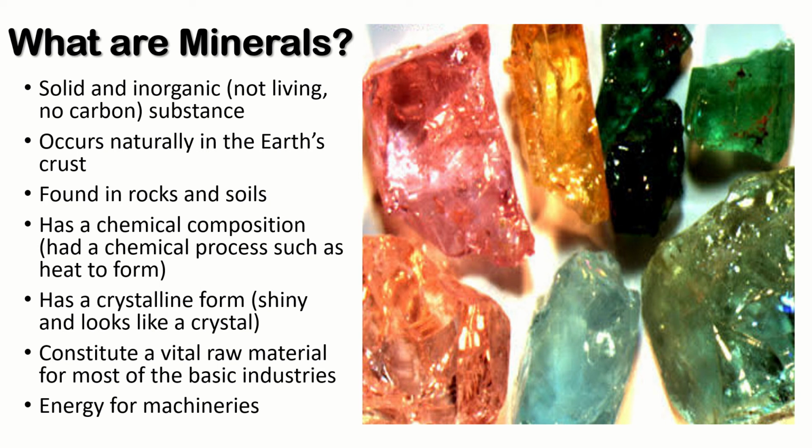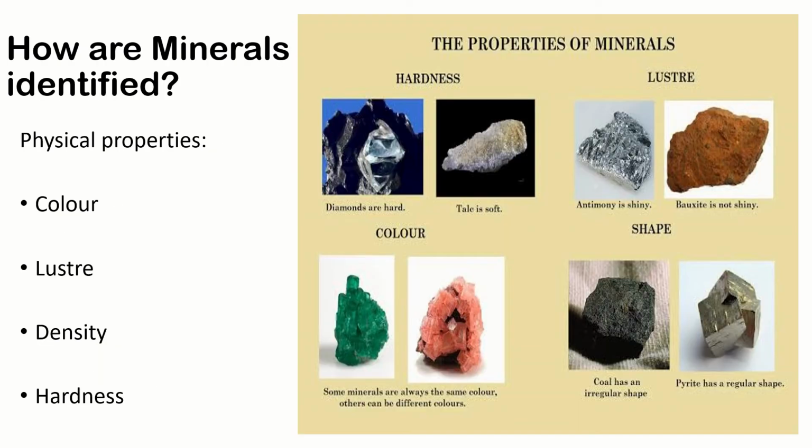As you know, minerals are generally used as a vital raw material for most of the basic industries and for energy for machineries also. Now, how are minerals identified? There are different ways in which minerals are identified.